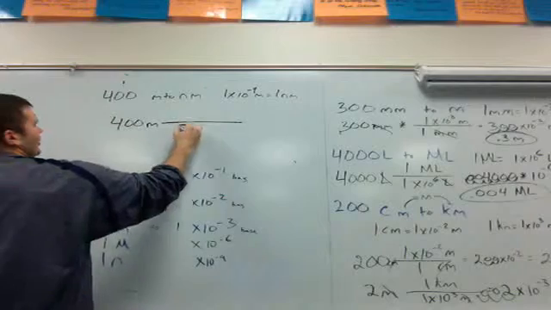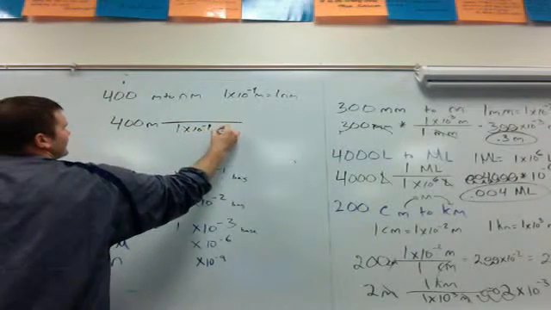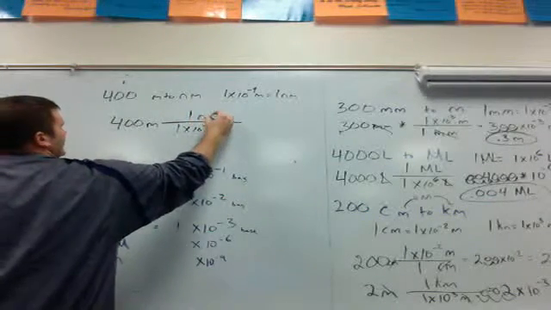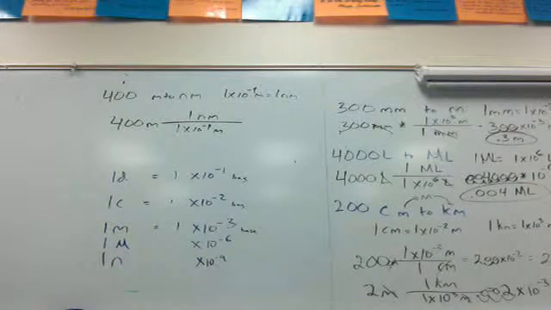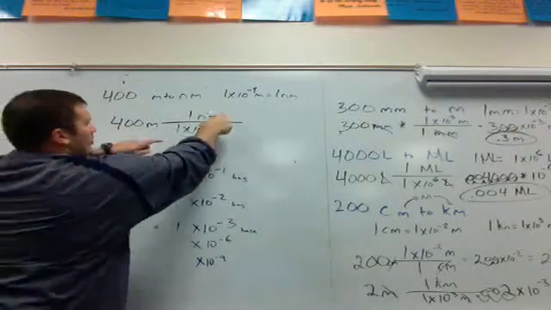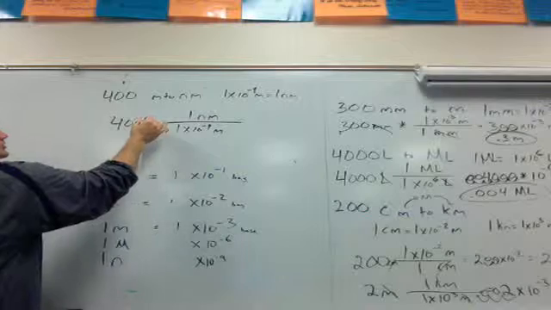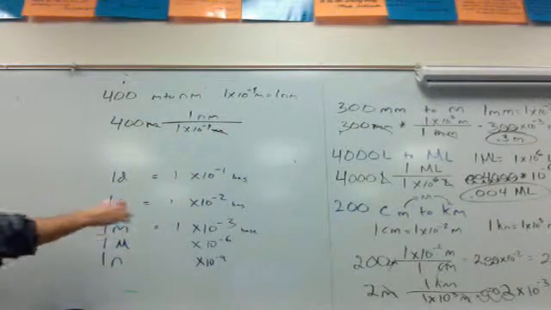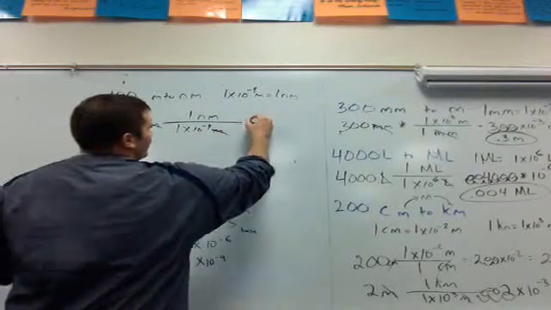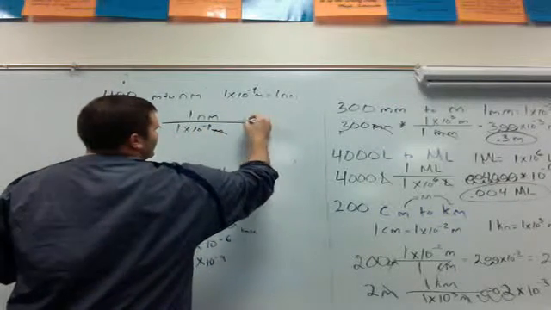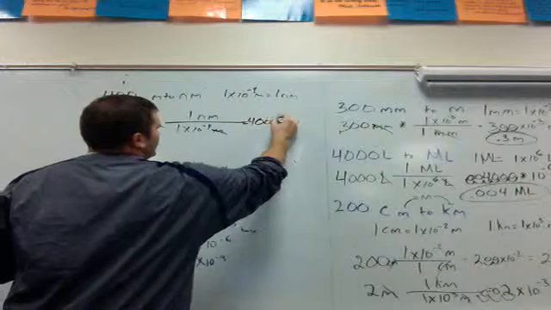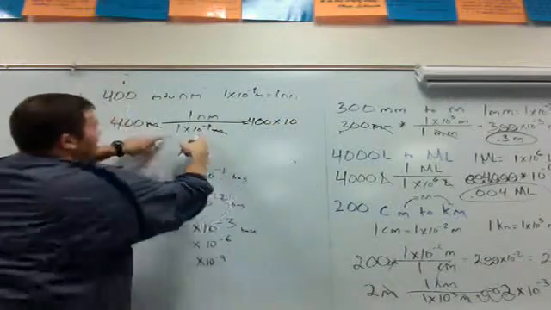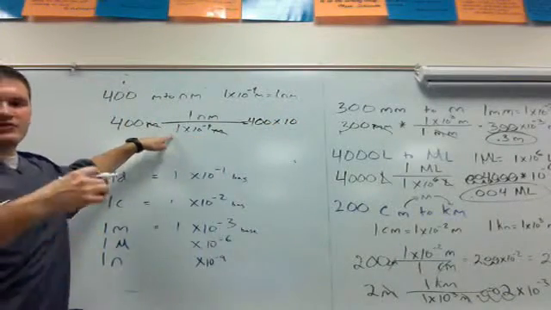Now in here, my 1 times 10 to the negative 9th is going to be on bottom, and my nanometers is going to be on top. All right? Because what I want goes on top, what I don't want goes on bottom. So now I'm going to cancel out my meters, like so. And here I have 400. This equals 400 times 10 to the... now it was on bottom. When it's on bottom, that means to subtract it.